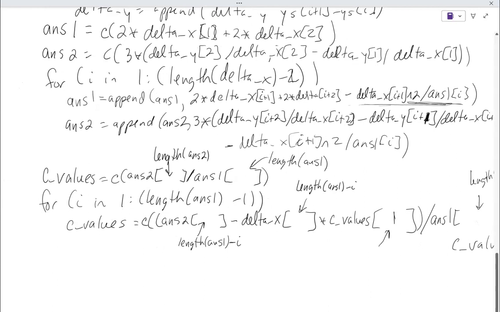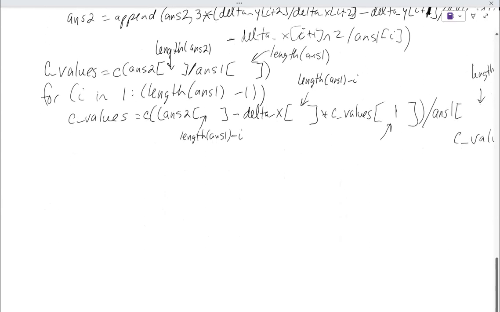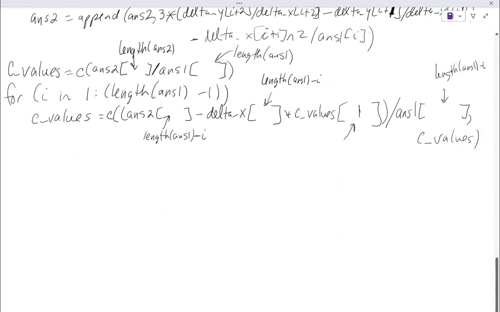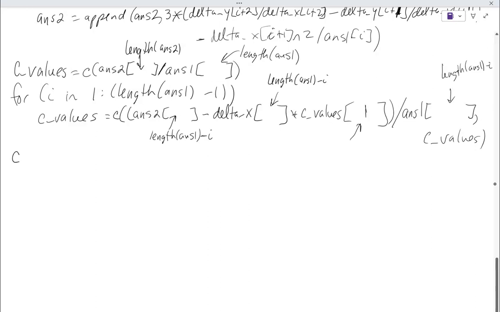So after we calculate our C values, let's push a 0 on the front and push a 0 on the back. We can do that with that command. Make the very first C value a 0. Make the very last C value a 0. Yeah? Okay.